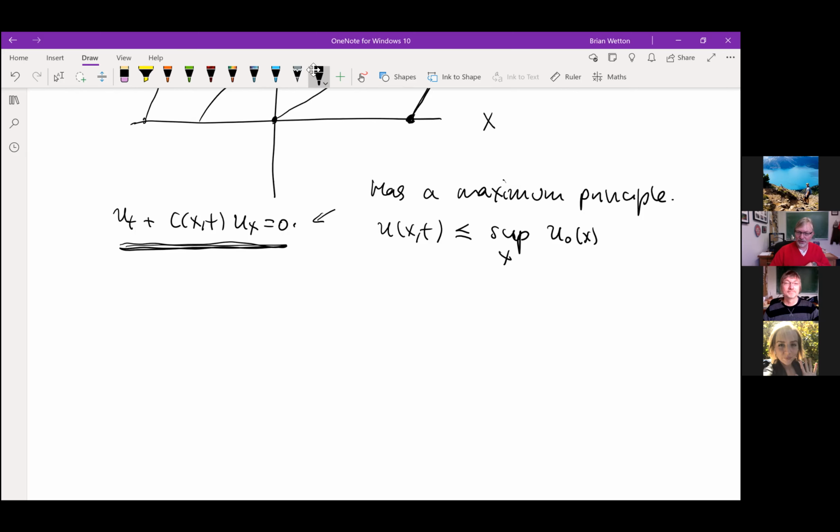I'm not sure who in the audience doesn't know the difference between a supremum and a maximum. I can just say, if you have a continuous function on a closed interval, it has a maximum value, an actual maximum value.